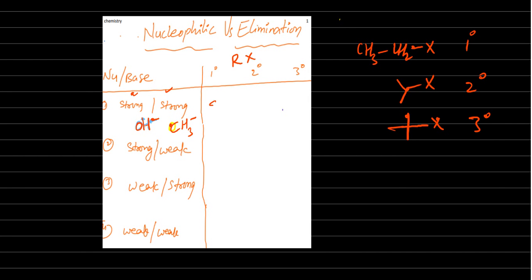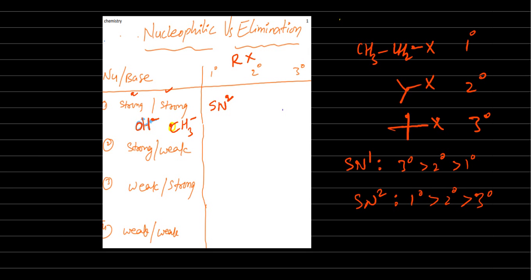We discussed in the last video that the SN1 order is tertiary greater than secondary greater than primary. SN2 is the reverse: primary is higher than secondary than tertiary, right?